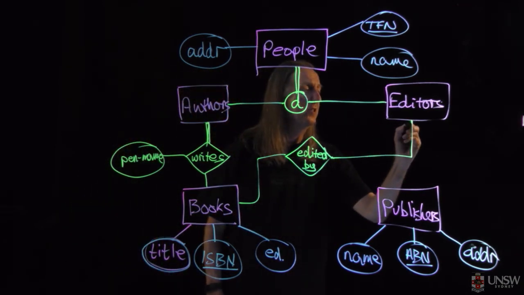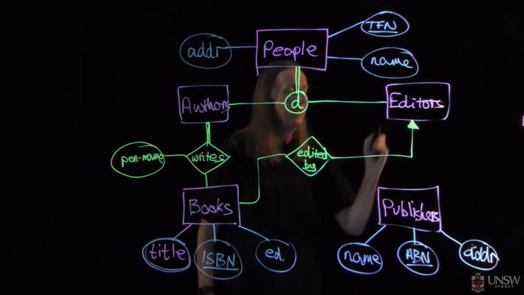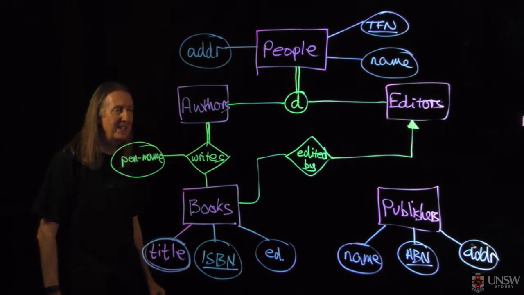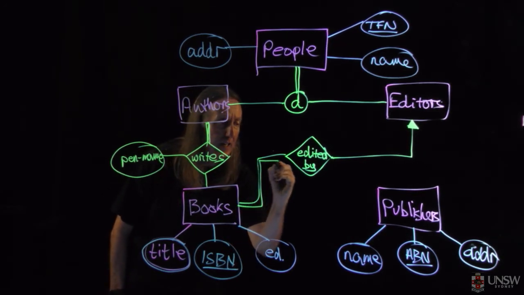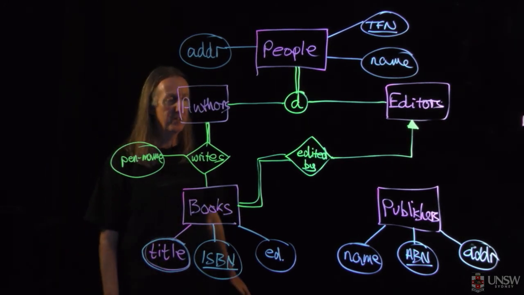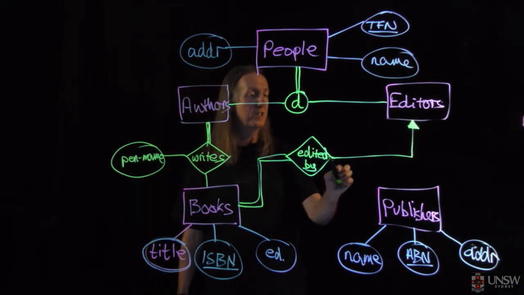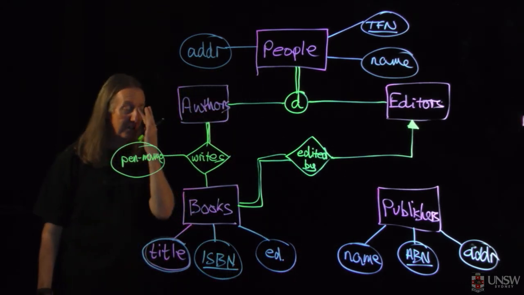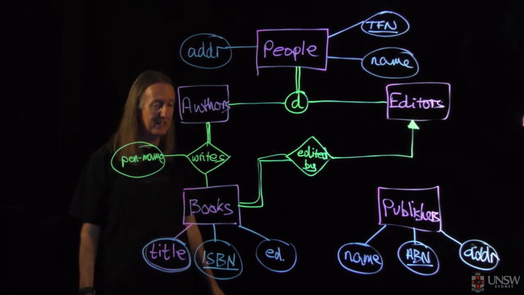So this is going to be a one-to-n relationship, which we indicate on our ER diagrams by having an arrow in the direction. So a book is associated to, at most, one editor, and every book has to have an editor. So this part of the relationship here is a total participation constraint. So we write that with an ugly looking double line or a thick line. Notice that I don't have a thick line here, which means there may be editors who are sitting around idle and haven't edited any particular book at this stage.